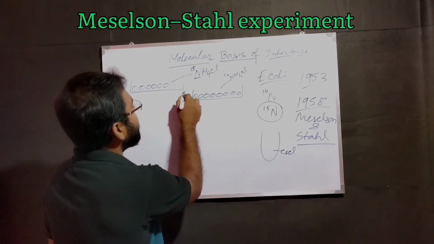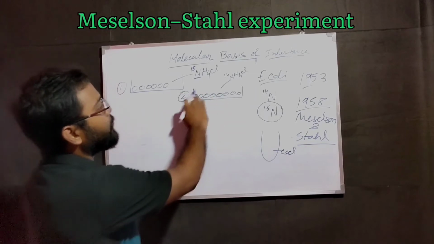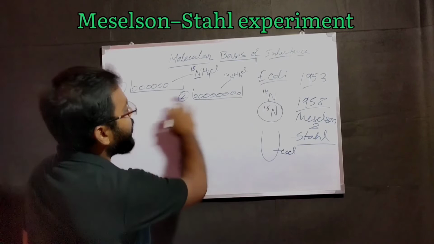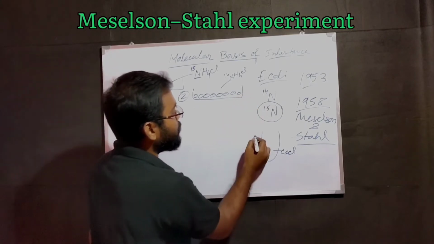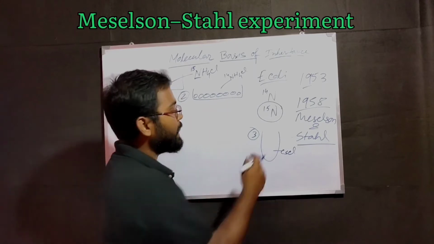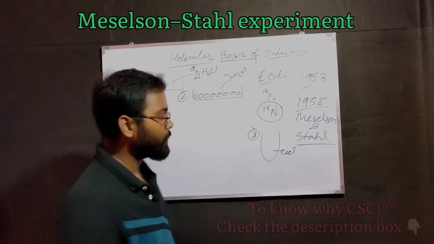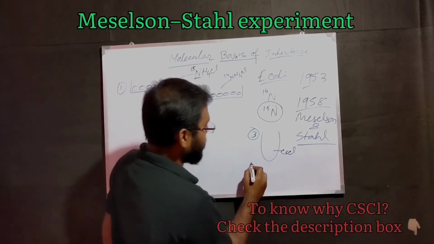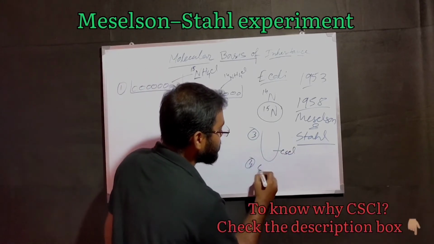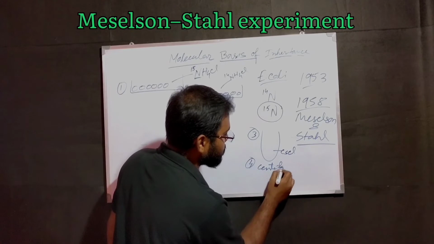Then the second step, transfer into N14 ammonium chloride solution, and then they dissolved this DNA into cesium chloride. Then in the next step, they centrifuged it. That means centrifugation.